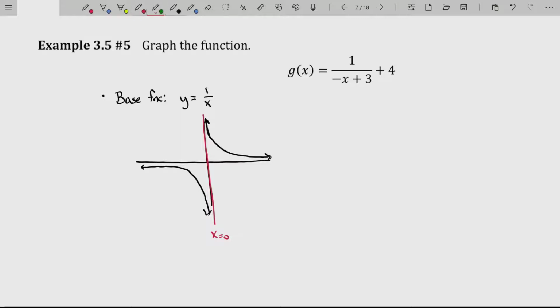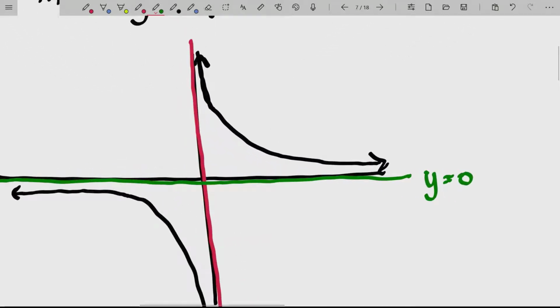I like horizontal asymptotes to be drawn in green for some weird reason, but they have horizontal asymptotes at y equals 0. If you don't recall, horizontal asymptotes are just the tendency for the curve as it goes to the edges of your graph, as it goes this way or that way. Sorry, that arrow was supposed to go that way, but it just did not work out for me. There we go.